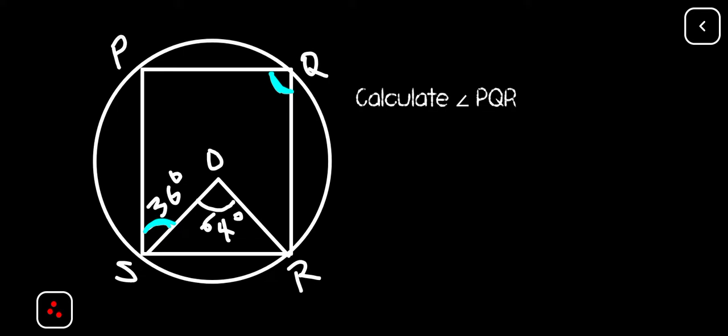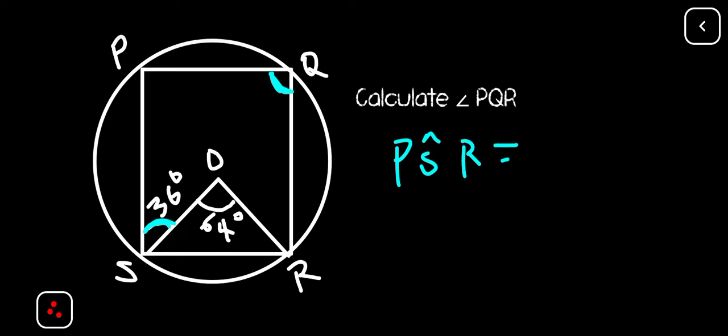So basically, to be able to find PQR, maybe you need opposite angles of a cyclic quadrilateral, which are supplementary. So meaning that to find PQR, we'll need to know PSR. This is just like brainstorming.